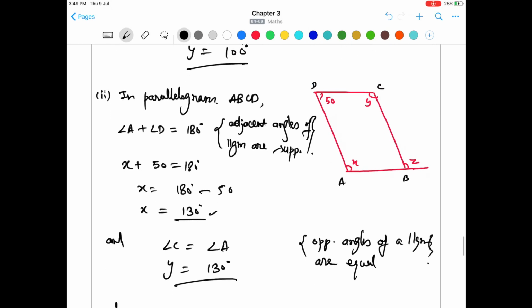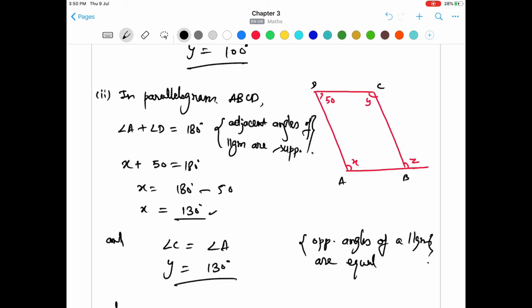Now in order to calculate this z, this z is the exterior angle for this parallelogram ABCD, whose one arm AB is extended. So we got the exterior angle z.